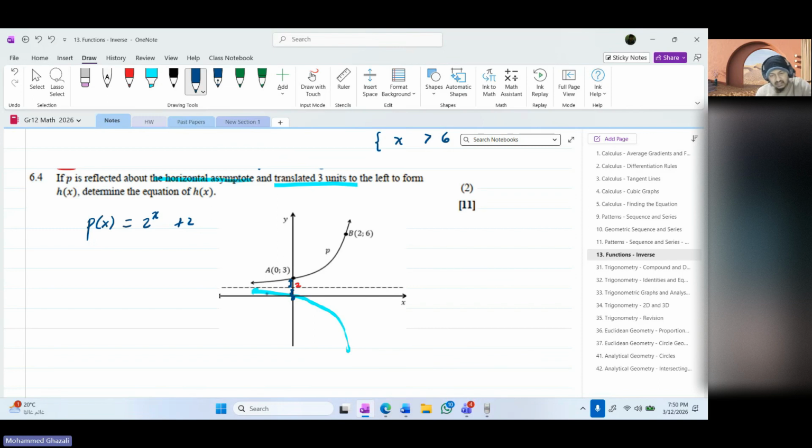If you're reflecting the graph of P of x about the horizontal asymptote, you're reflecting it about the line y equals 2. So your new function y1 will now become negative 2 to the power x, right?